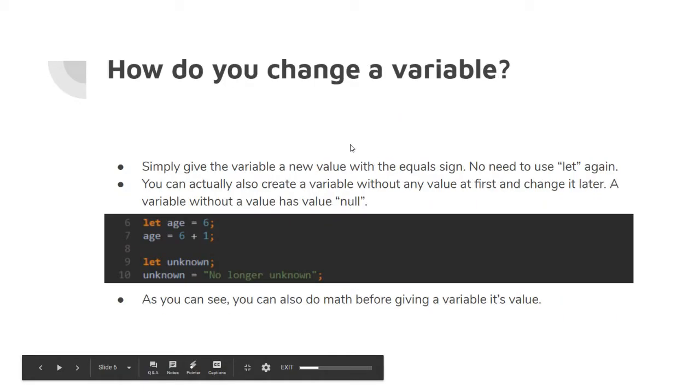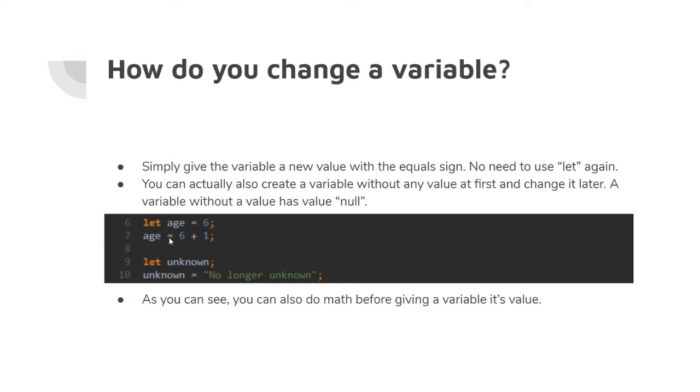Now, how do you change a variable? What if you want to remove what's inside of your cabinet and put something else inside instead? You can do that by typing the name of your variable, another equal sign, and then the new value you want inside. You can also create variables without values by typing a semicolon right after the variable name.